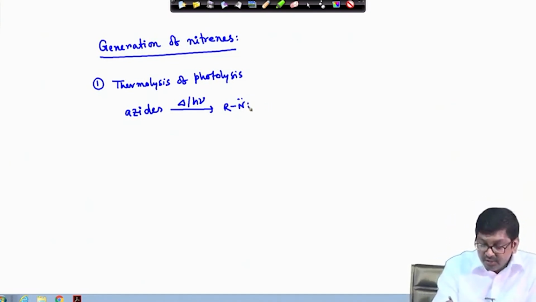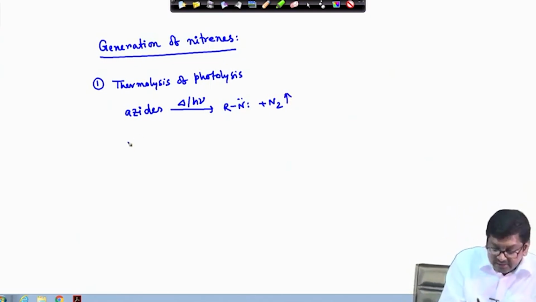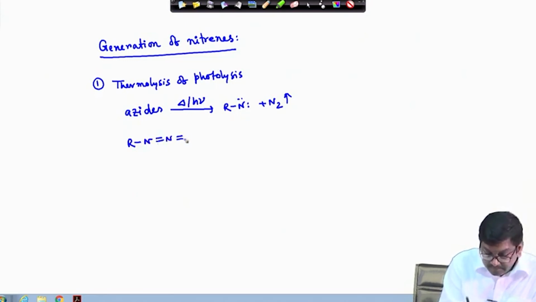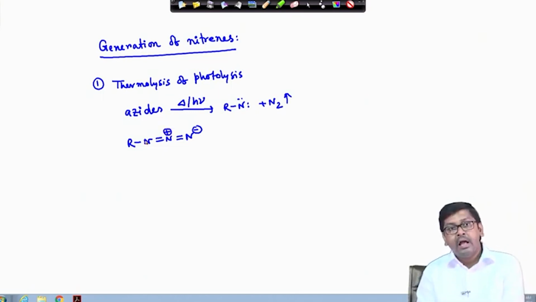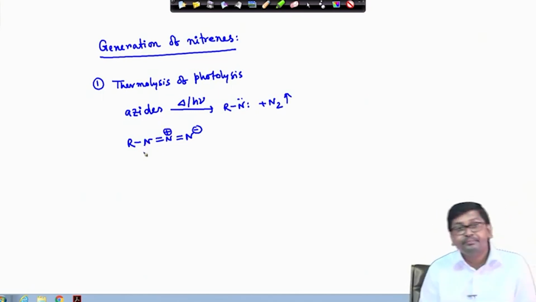What will it liberate? This will liberate nitrogen. Now, what are azides? Azides are nothing but this species.